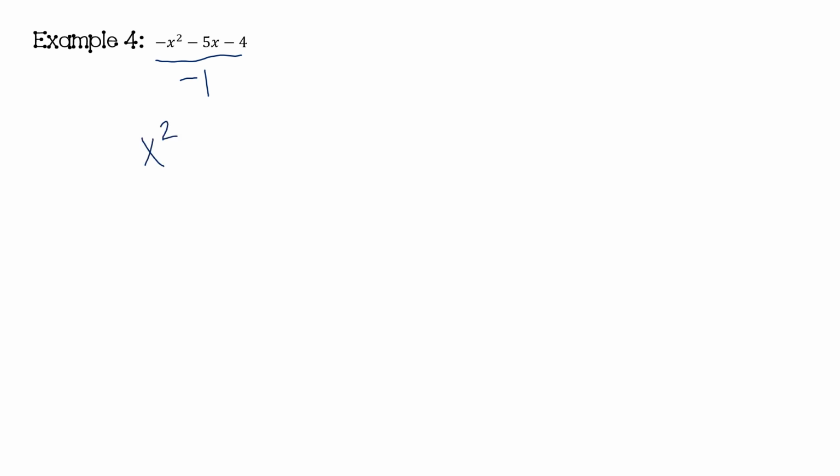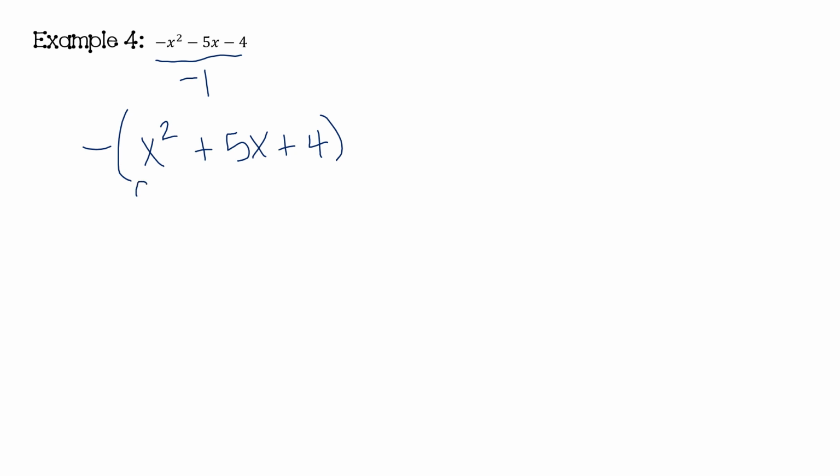And now I'll be able to use the method of the star because my leading coefficient is positive. So then plus 5x plus 4. And I would just have a negative out in front of the parentheses. And if I distributed that negative, again, you would get the original problem. So I know that I factored that out correctly.